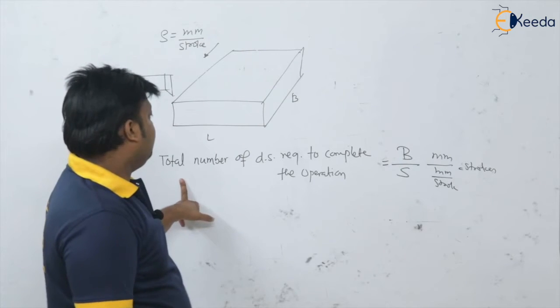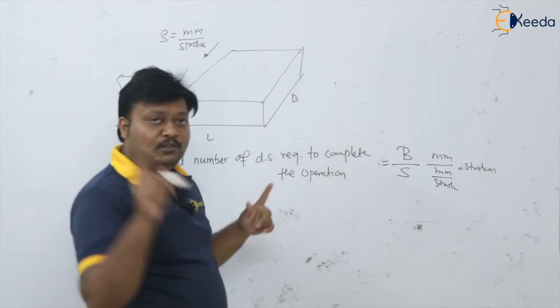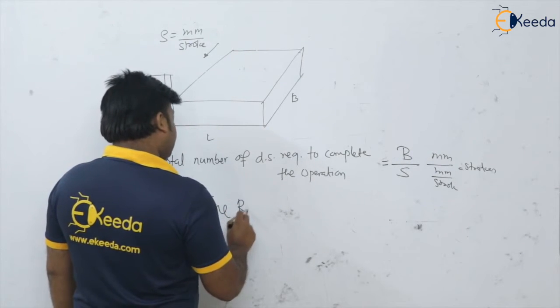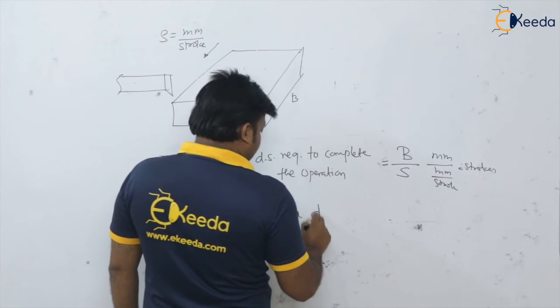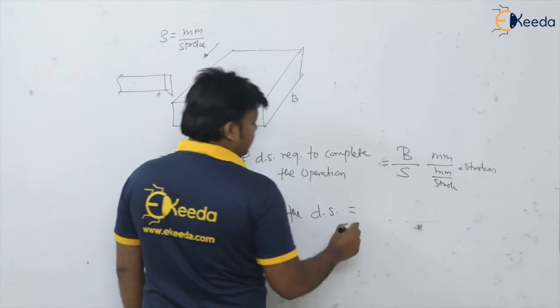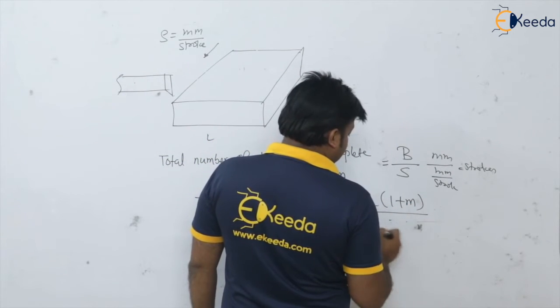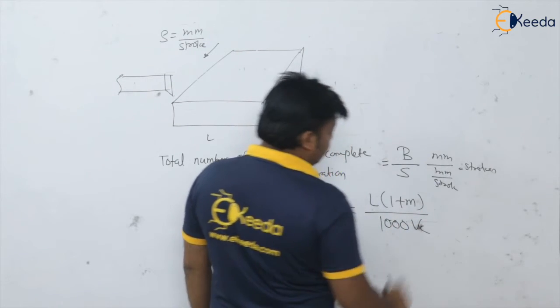Now here if you are getting the total number of double strokes, that is B upon S, and you know that the time required for the double stroke is L into bracket 1 plus m divided by 1000 times cutting velocity.